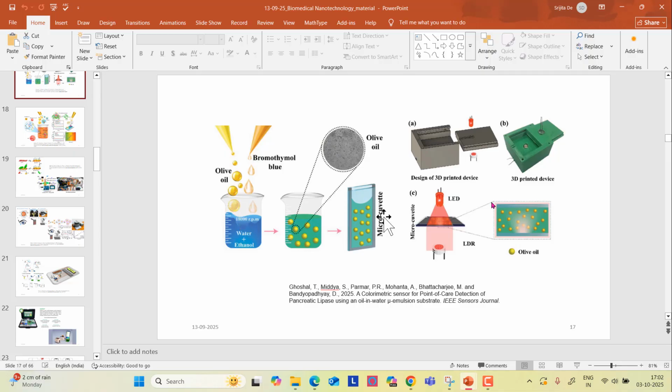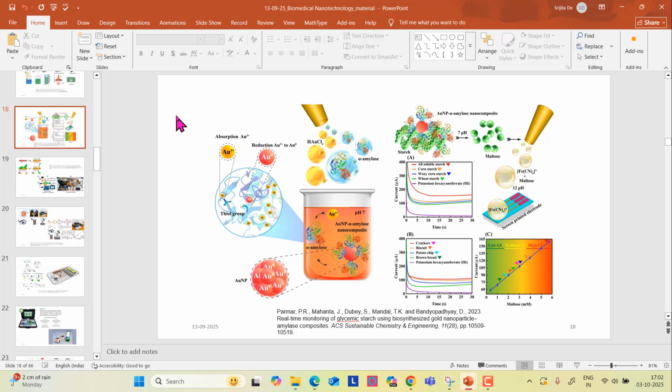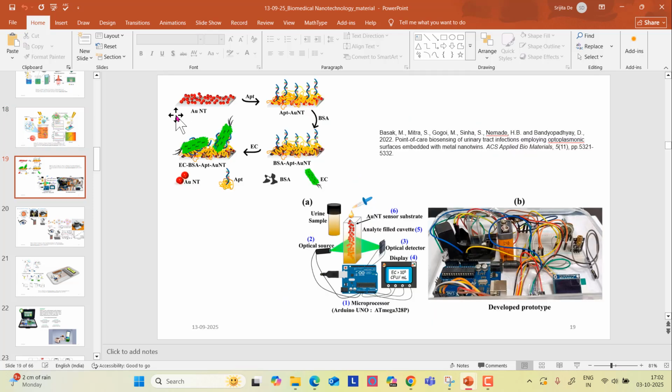So these are the different types of devices fabricated in our lab. This is for the lipase detection. You can go through the papers for the details from the reference. This is for the amylase detection. This is for urinary tract infections detection.